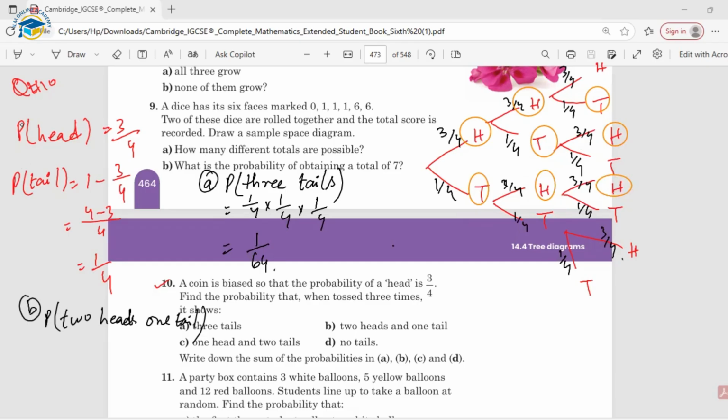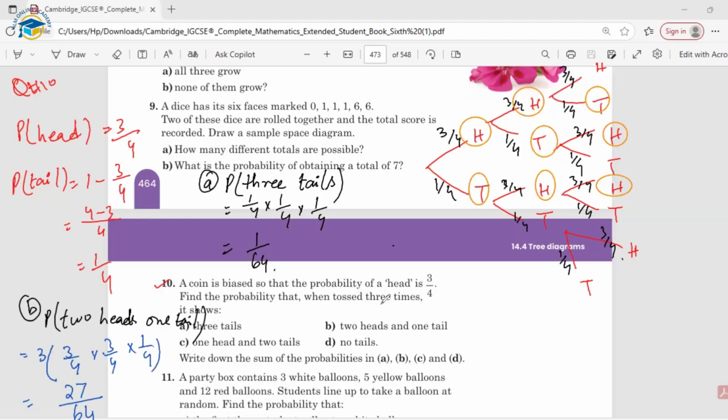So I'm going to use exactly a similar way, multiplying it by 3 and finding the probability only one time. 3 over 4 times 3 over 4 times 1 over 4. 3 times 9 is 27 over 64. This is the probability of getting 2 heads and 1 tail.